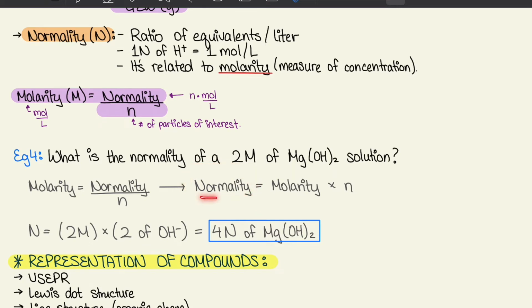So normality is equal to molarity times N. So capital N, normality, is equal to, we're given the molarity, so it's going to be 2 M times, and when we look at the formula, it's Mg(OH)2, so there's 2 moles of hydroxide ions, and we're going to go 2 of OH, and we should get 4 N of Mg(OH)2.